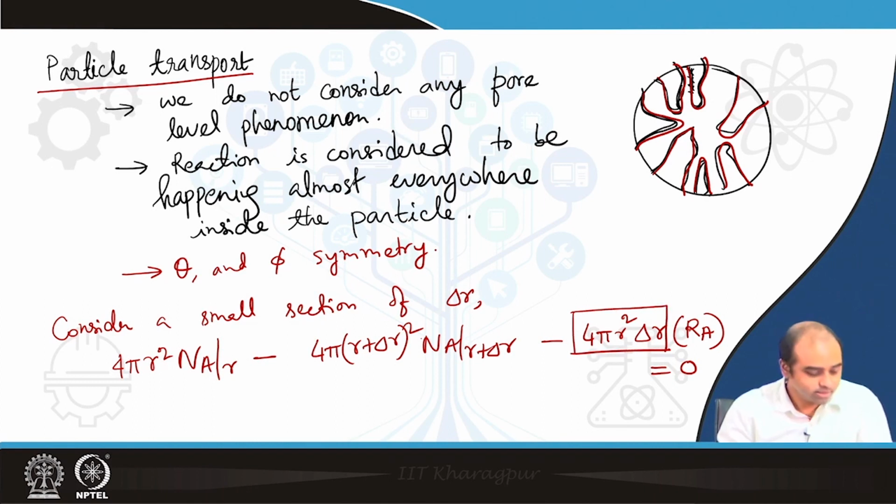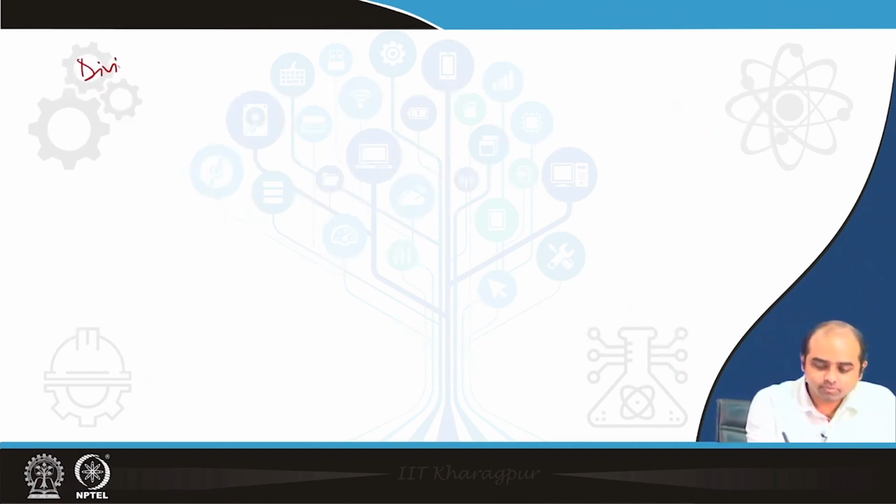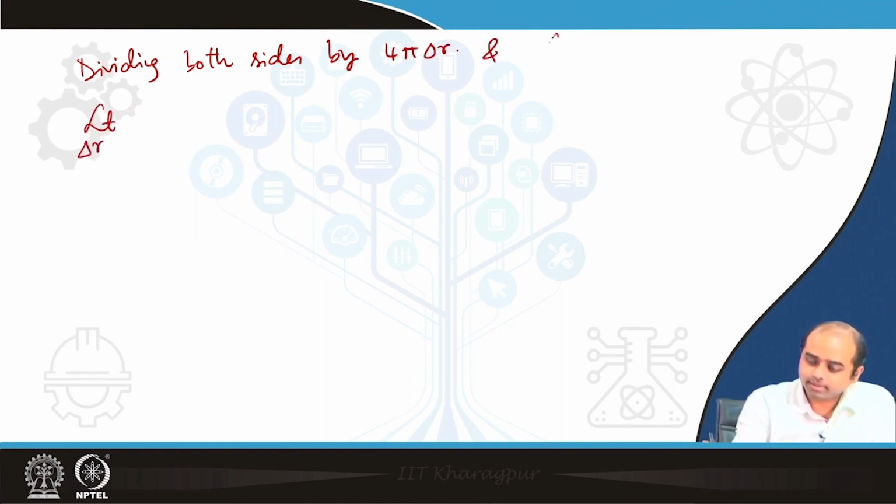So, if you know the steps now, we just go forward quickly here, dividing both sides by 4 pi delta r and then taking the limit of delta r tending to 0.